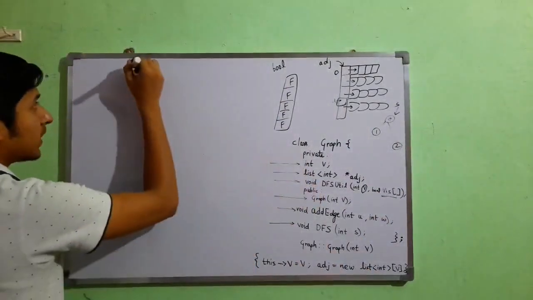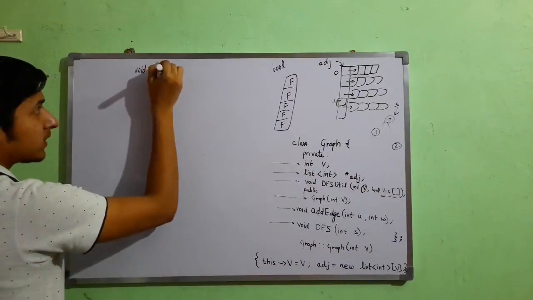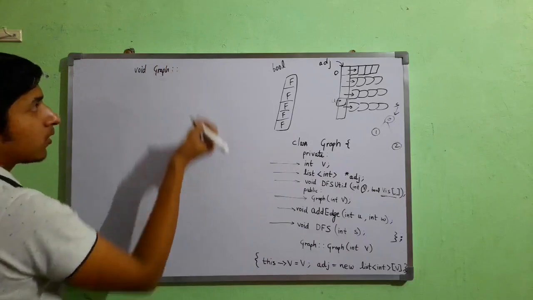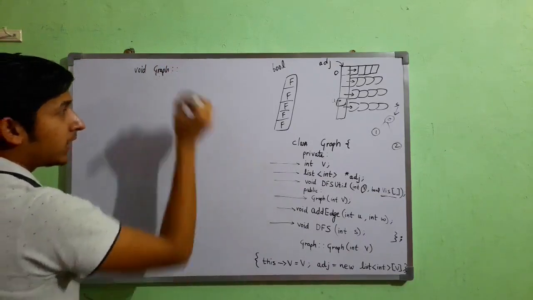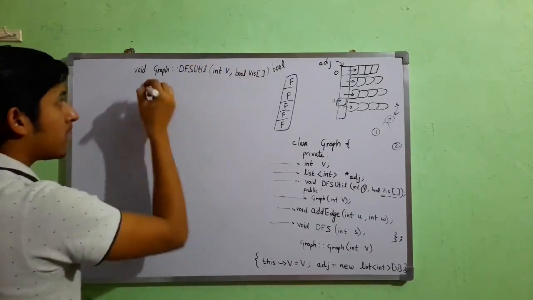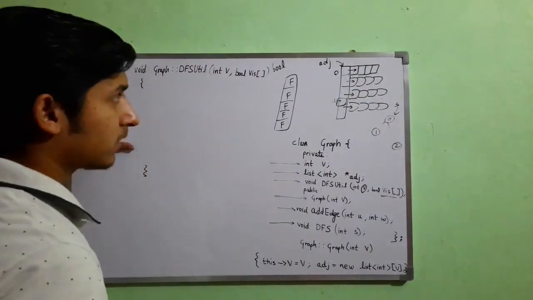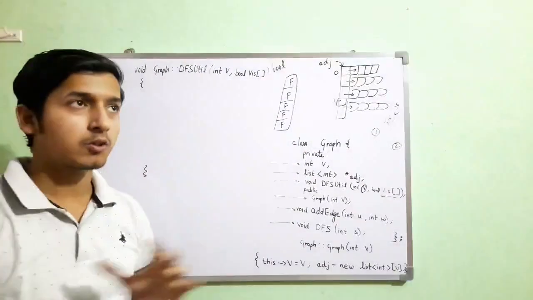So I'll write the function now: void, name of class, colons, name of function. And now whatever I'll write here is sort of the actual game.